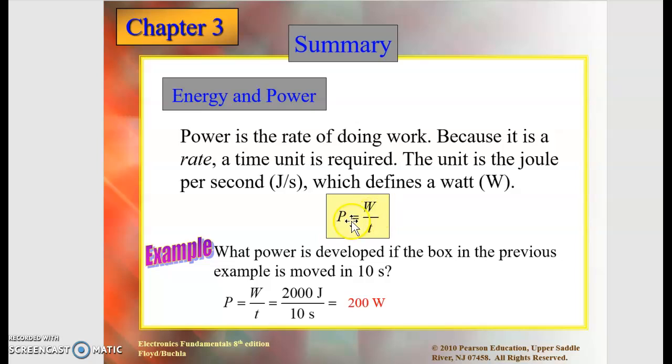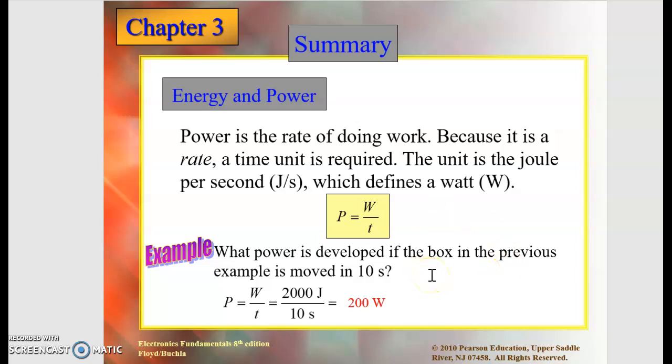The units of power are watts, represented as lowercase w, but its definition is energy or work over time. Work is represented as capital W.